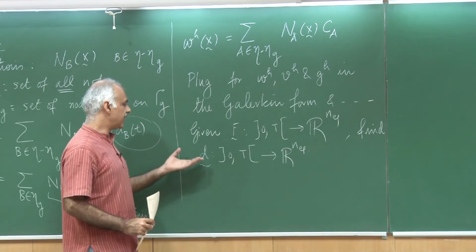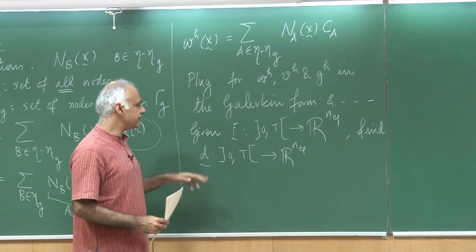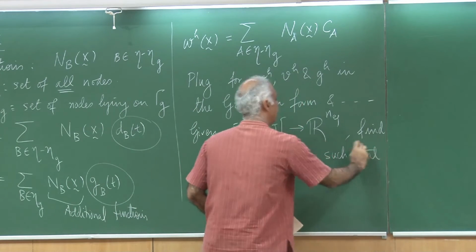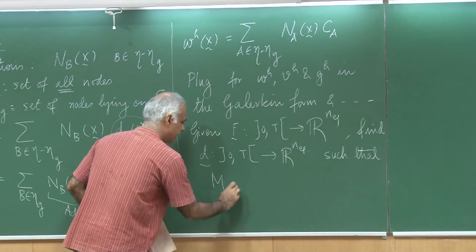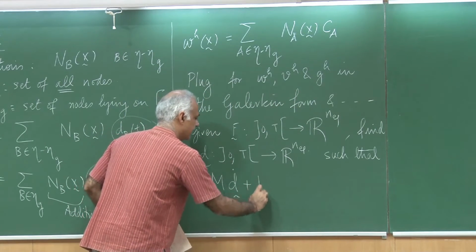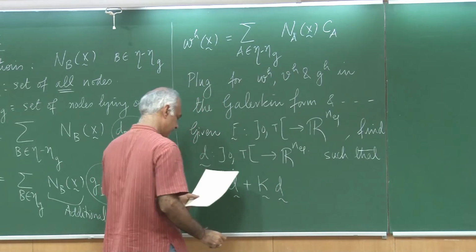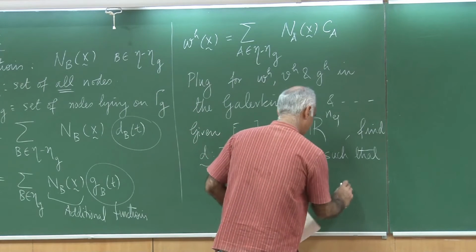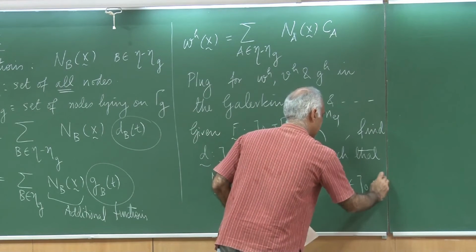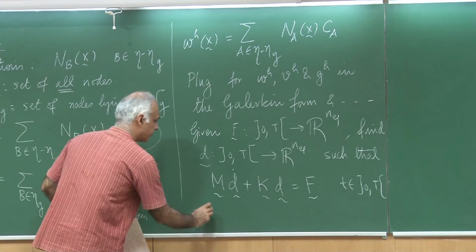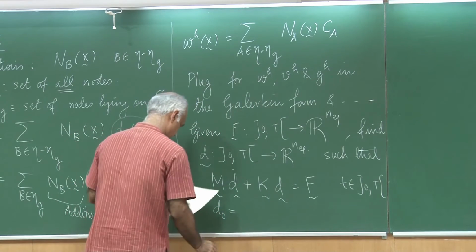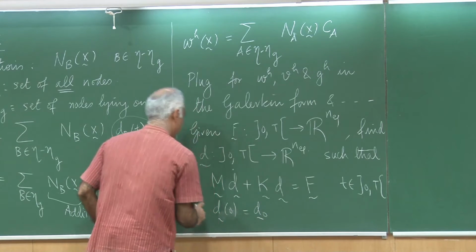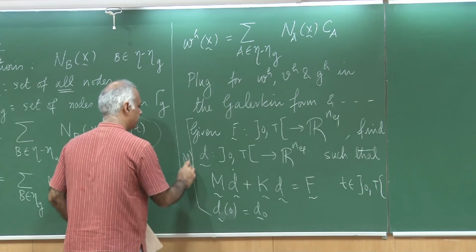So, there are any q scalars that form this vector d, such that I will have to solve M d dot plus K d equal to F, and t belongs to 0 to t, and of course, I will have d 0 equal to d 0. So, this is my matrix form.